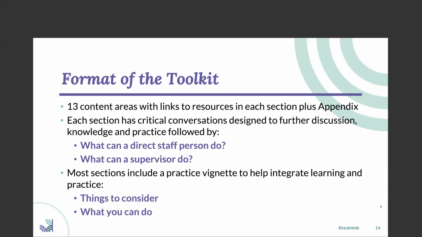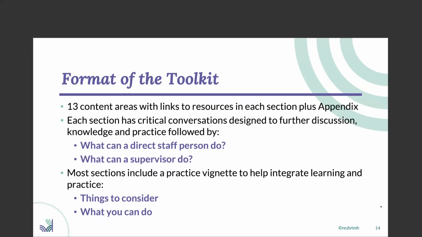In addition to that, and as a companion to it, we have a section that says, what can a direct staff person do? So it relates back to each of the content areas and also makes some suggestions for how you can move your practice further. And then we have the parallel one for what can a supervisor do.